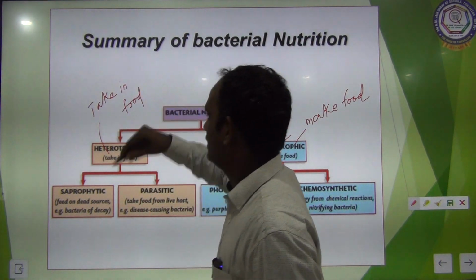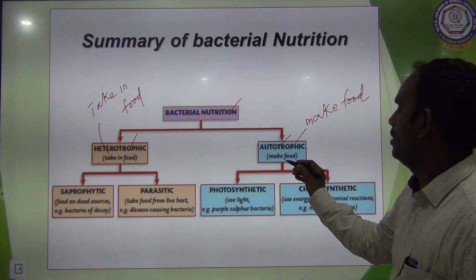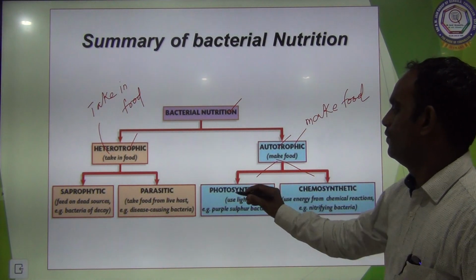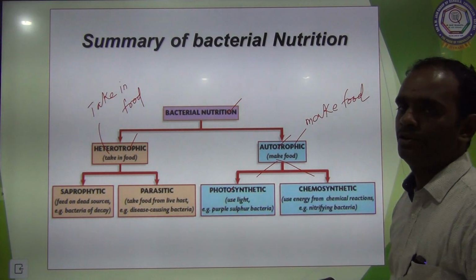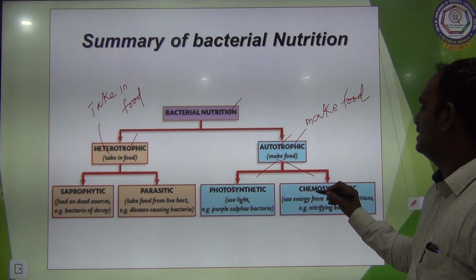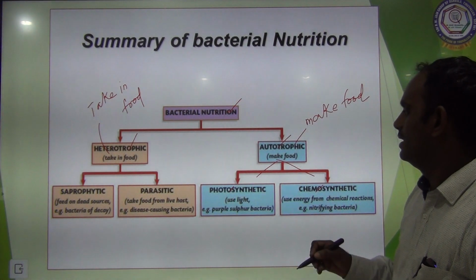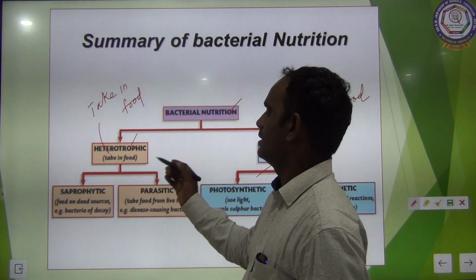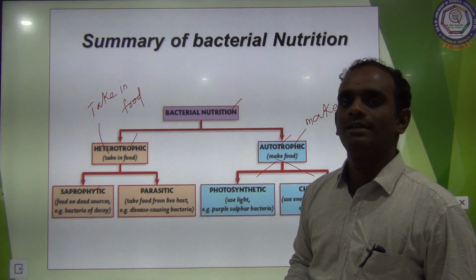That is the major difference. Autotroph again divides into two: photoautotrophic and chemoautotrophic. And heterotrophic: some are saprophytic, some are parasitic and some are symbiotic. Clear, children?